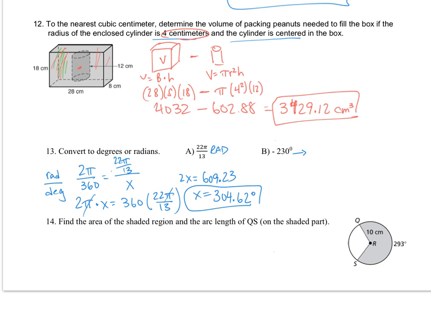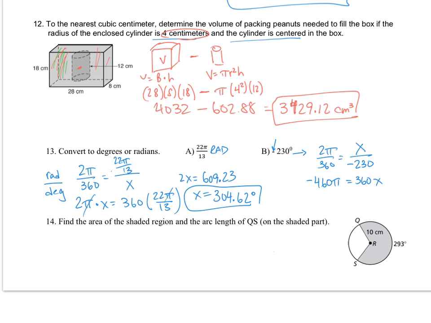This problem is the same way. Be careful with that negative. So we'll say 2 pi out of 360 is negative 230, and my x this time will go up there because I want the radian. Cross multiply. So you're going to get negative 460 pi equals 360x.